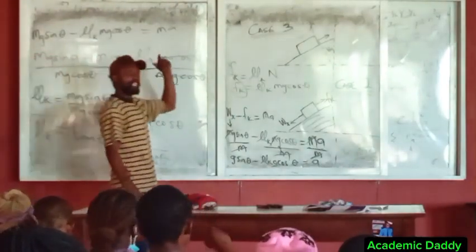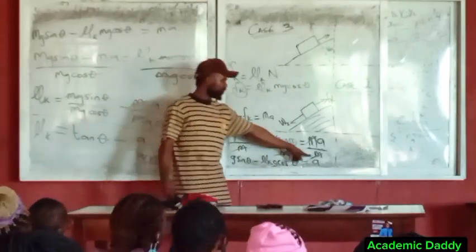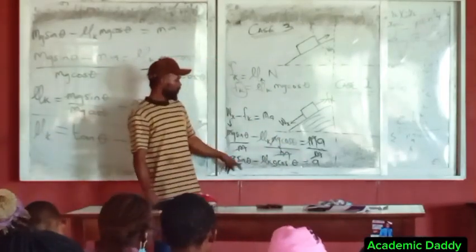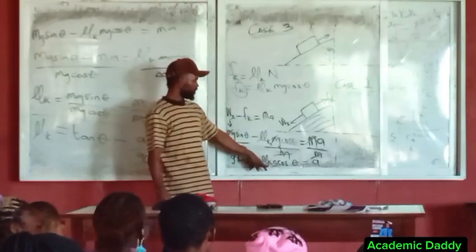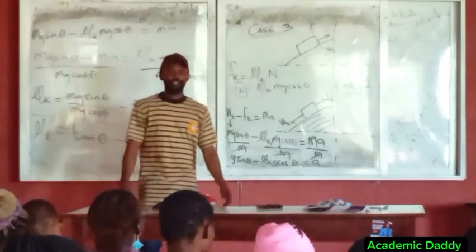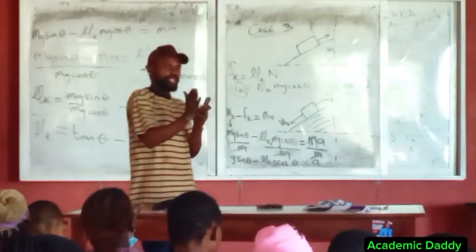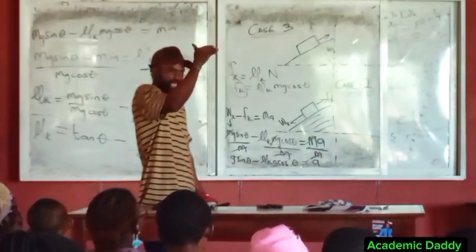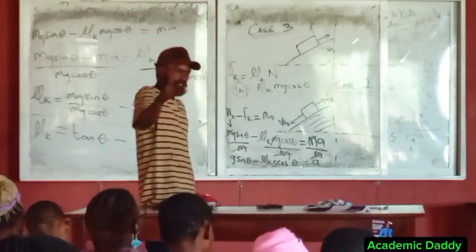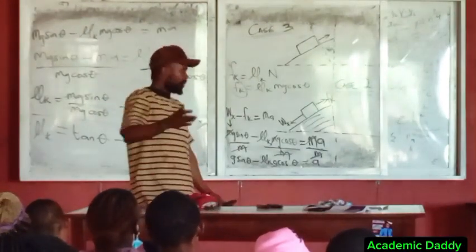And if the body is sliding downwards and they ask you to find the acceleration, the formula to use is simply g sin theta minus the coefficient of kinetic friction times g cos theta. It's not hard. The only part where students normally have issues is getting the forces on the y-axis and x-axis, and knowing that this part of gravity is the one acting down the slope.